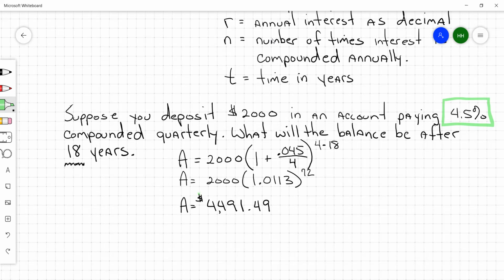And this is what you had after 18 years. Would y'all be happy with that? Don't say that. In 18 years of your life, all you did was double your money? I hope you wouldn't be happy with that.